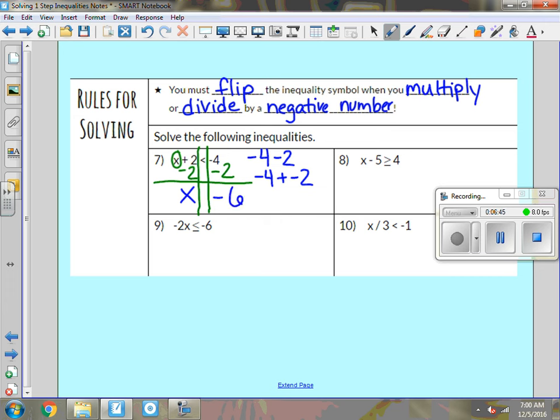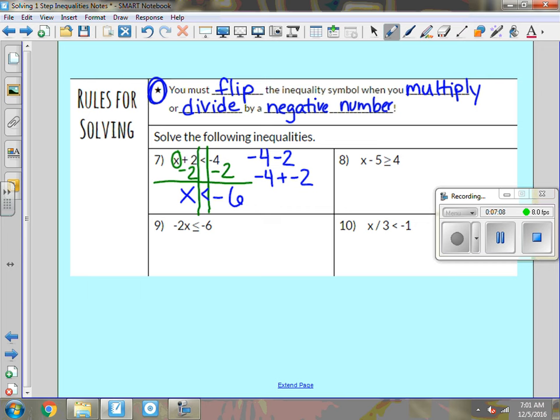So I know it's got something to do with -6. Now to figure out my sign, I look at what it was before. It was a less than, and I have to go back to that really, really special star here. I only flip the inequality when I multiply or divide by a negative number. Now I did subtract 2, but it wasn't multiplying or dividing, so I'm going to keep my less than.